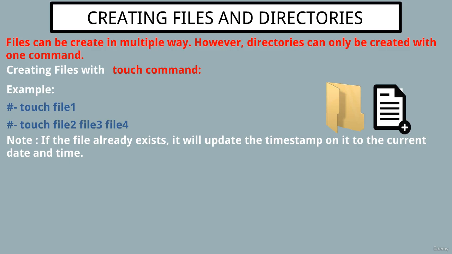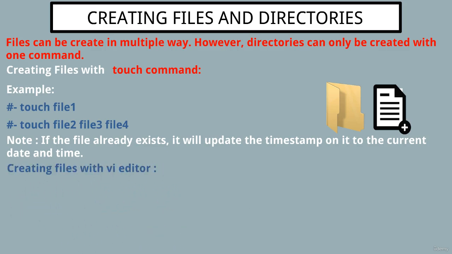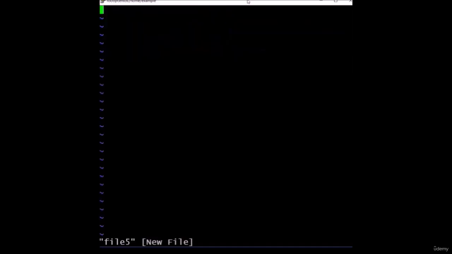We will cover again how to create files with VI Editor. So let's get started. So type in vi and name a new file, whichever file you want to create. In this case, we will name it file 5. Hit enter. We have opened this file already.